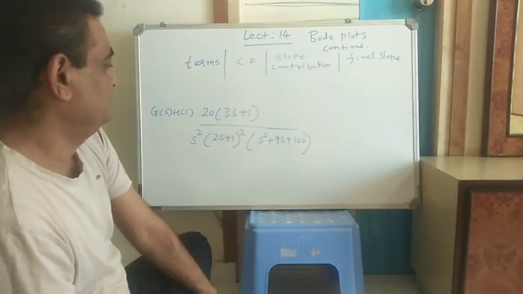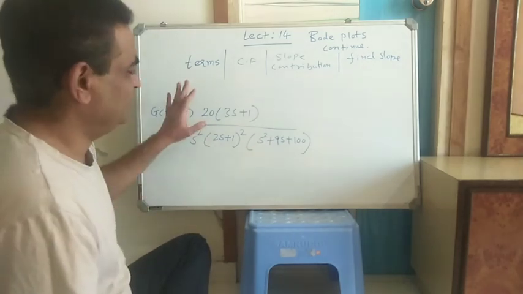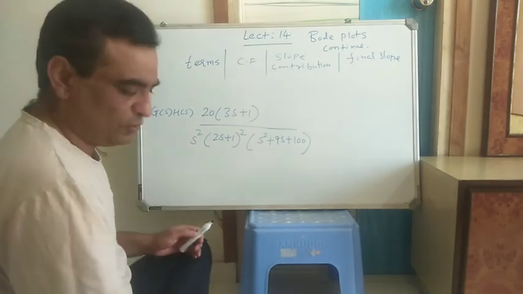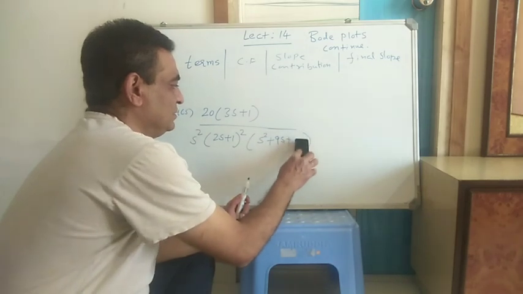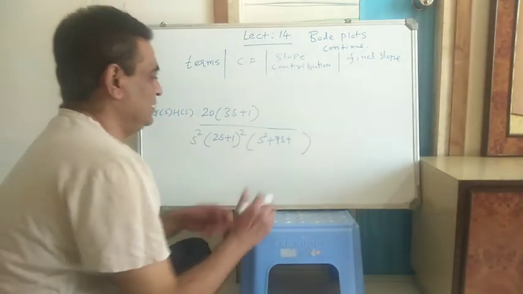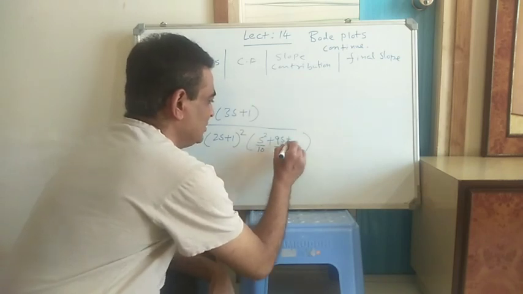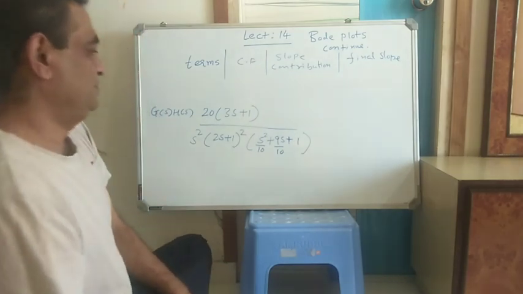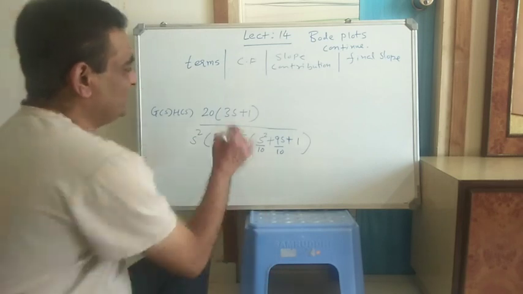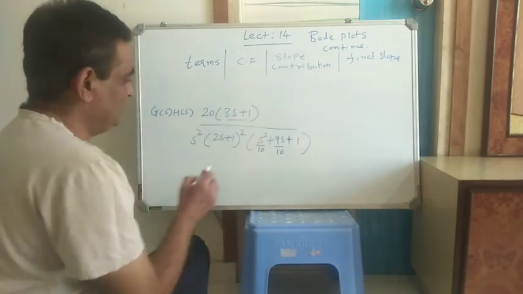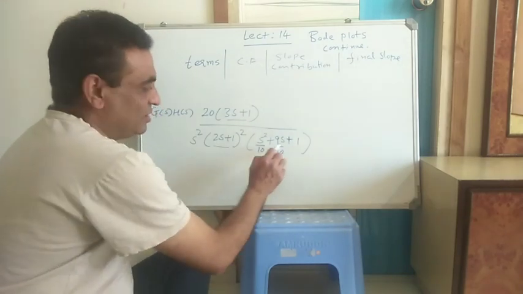So, s square by 10 plus 9s by 10 plus 1. This is already in time constant form. This term is tau s plus 1. This is also tau s plus 1, but it is a square term. This is a second order term, a standard second order term.